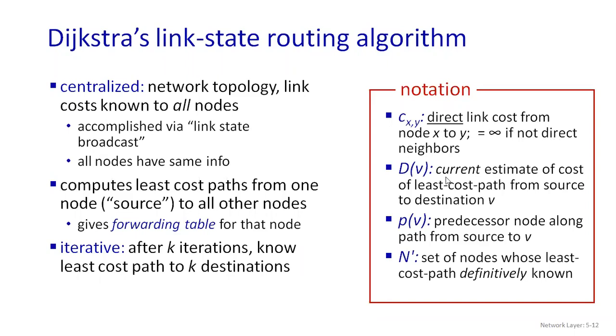What is that? This is the distance you are going to calculate: the current estimate of the cost of the least cost path from source to destination V. Here instead of V, some node will be written. So you have to find the distance between the nodes. I can give you an example like D of X comma Y, the distance between X and Y. Sometimes you can have one more.